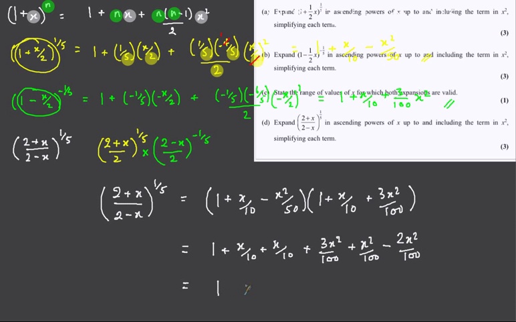Collect these together. 2/10, 1/5 of x, and hundredths, 4 minus 2, 2 hundredths, 1/50th x squared. So by multiplying my series, I create a new expansion, and I think, trial as it was, that is my job done.